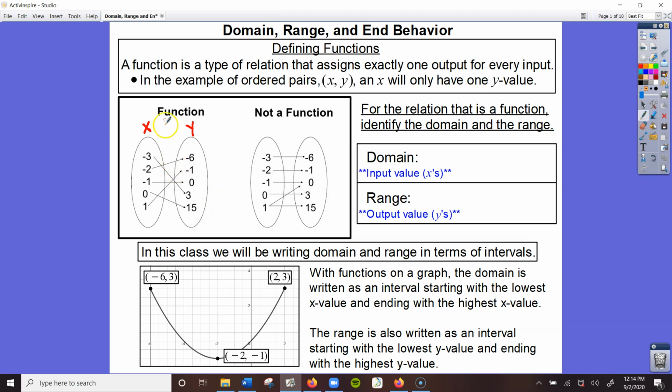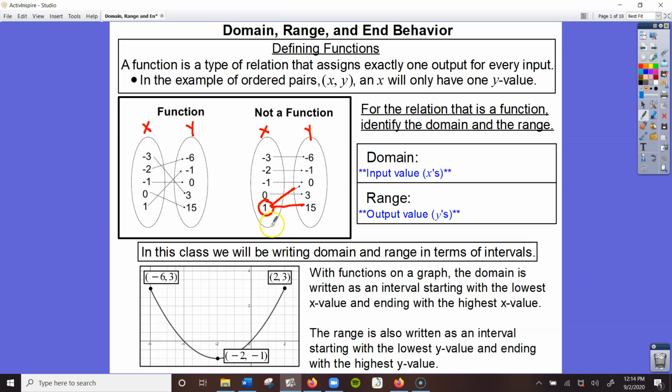Now this one is considered to be a function because we have a list of x's and they go exactly to one y value. Whereas over here, in these x values and y values, we have this one that is going to two y values.